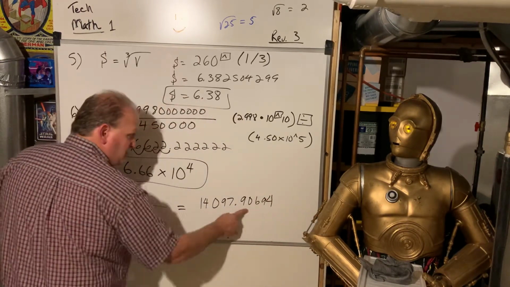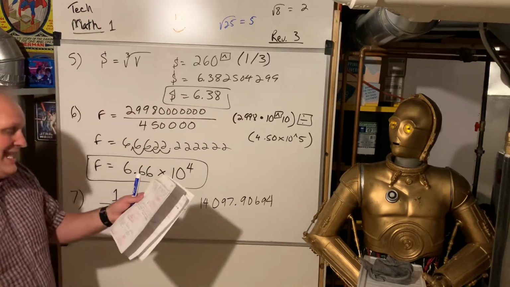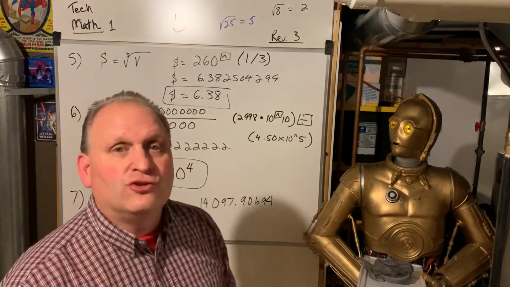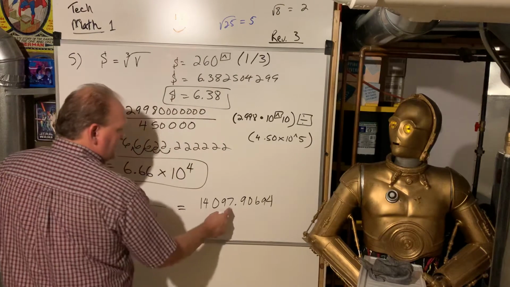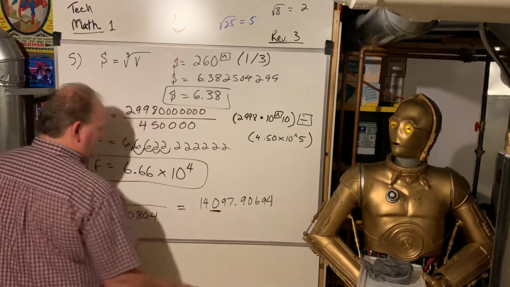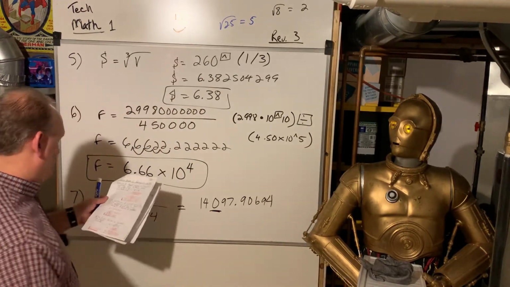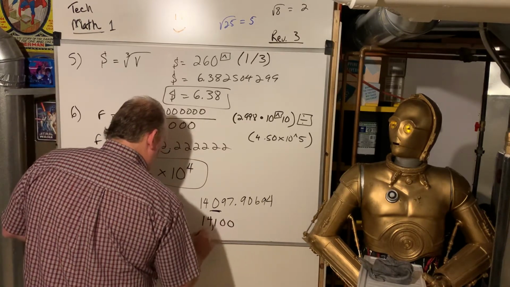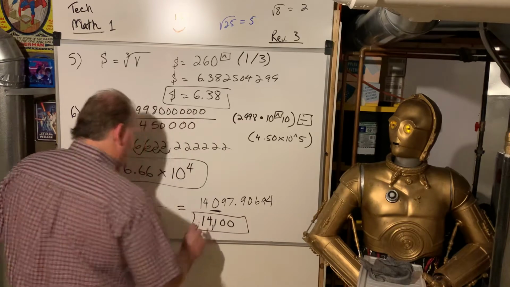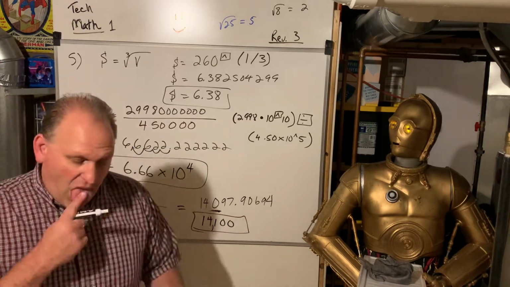There is a hundredths place, but that's not what they said. They said round to hundreds with a D at the end, hundreds. So ones, tens, hundreds, that's this place right there. So that 9 bumps it up to a 1, 14,100. That's my answer. So be careful, read it carefully.